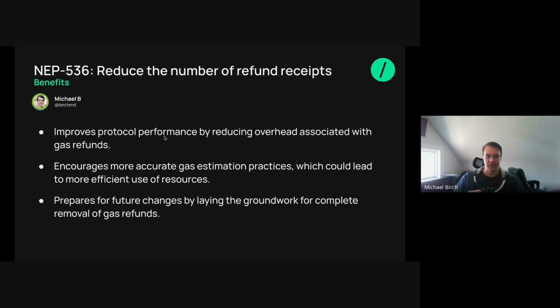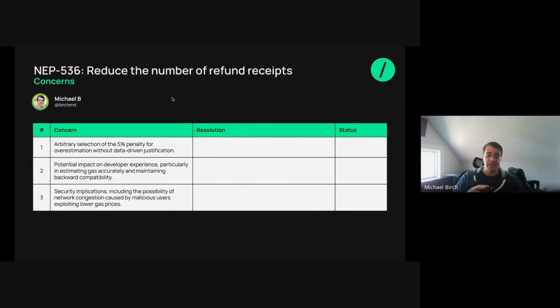But as Evgeny said, that's not necessarily something that we'll aim for. It's just an idea. And then on the concern side of this, I mentioned in the comments on GitHub that arbitrarily choosing 5% as a penalty because it feels big enough but not too big, I don't think is a great way to make decisions.